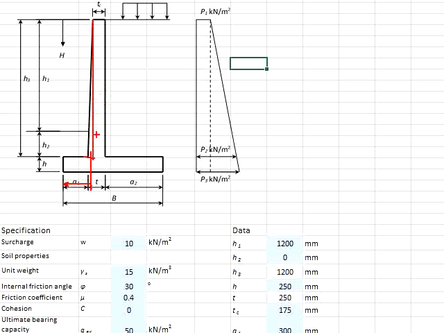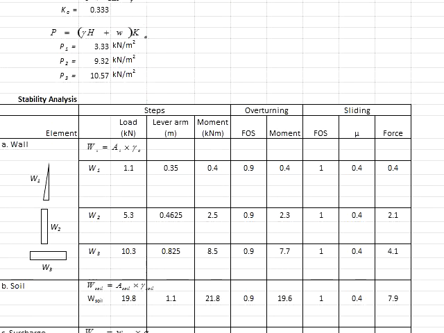As for W2, we are referring to the centroid of the retaining wall and the distance to the rotational point. The same goes for the base. We are measuring the distance to the centroid of the weight of the base. With that, we are able to generate the rotational moment by multiplying the column of loads with the lever arm.